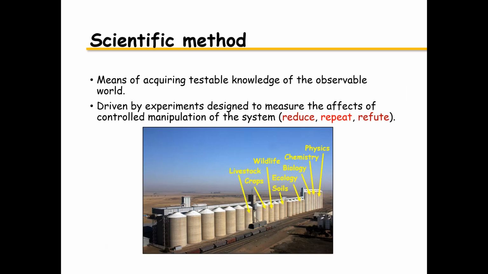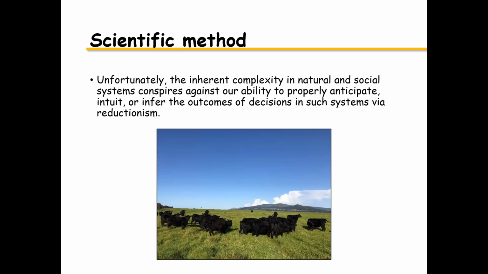And I'll highlight some of these here: physics, chemistry, biology, ecology, science, livestock, wildlife, crops, ag econ, philosophy, policy, law, theology, and so on and so forth. So we broke pieces of our world down into these silos, disciplines, to help us try to understand and unpack the world around us.